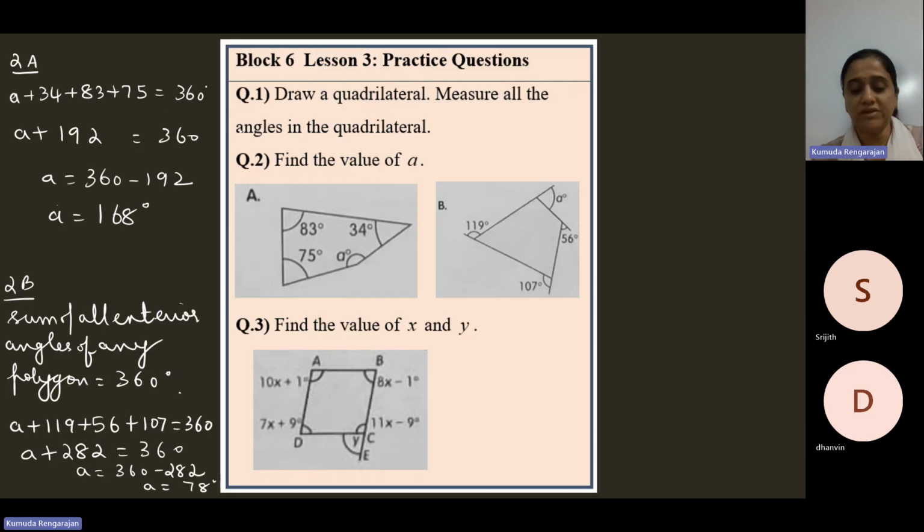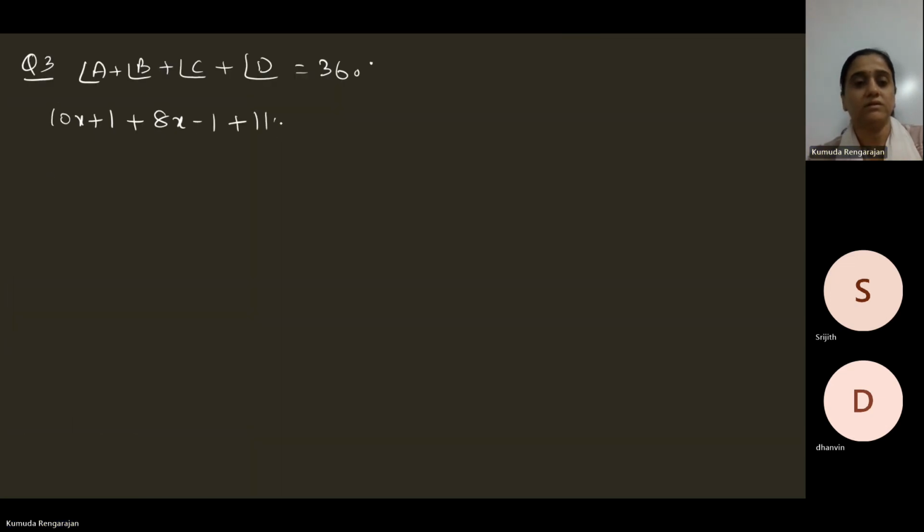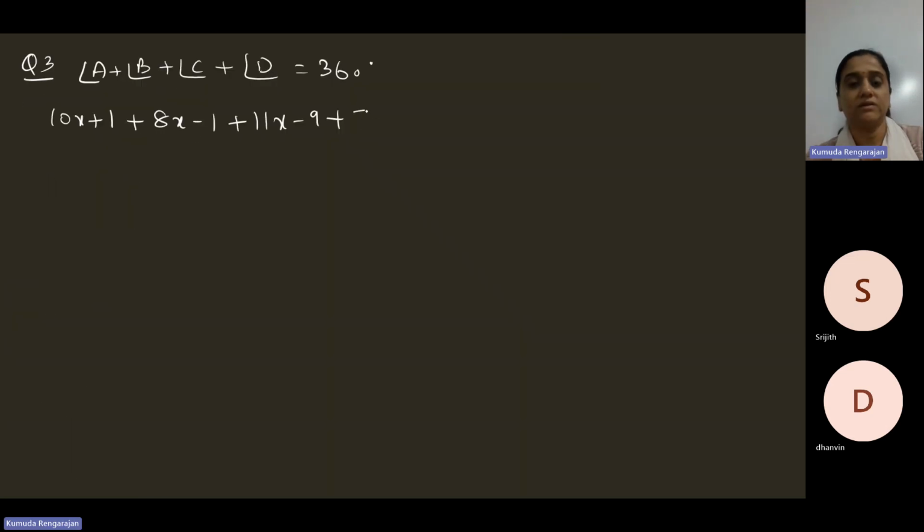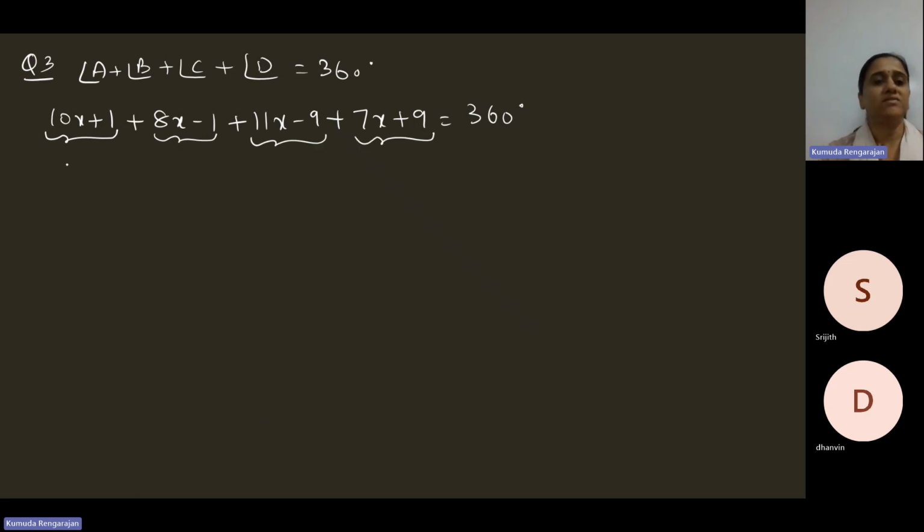Angle C is 11x minus 9. And angle D is 7x plus 9. These expressions represent the angles, so the sum of the four interior angles is equal to 360 degrees because it's a quadrilateral.